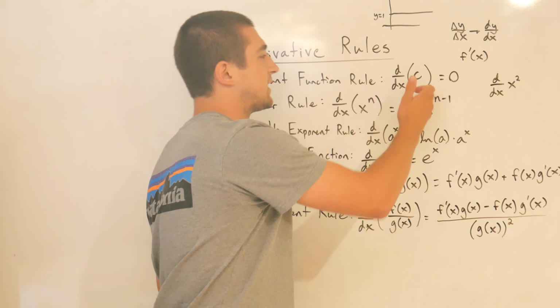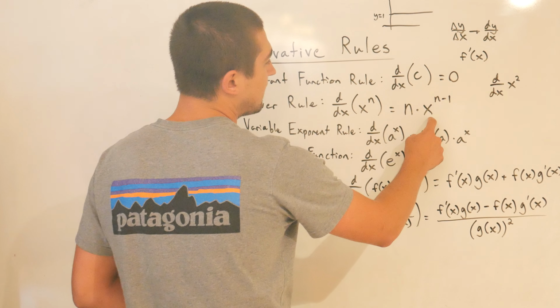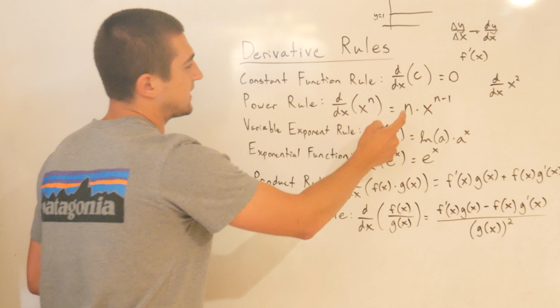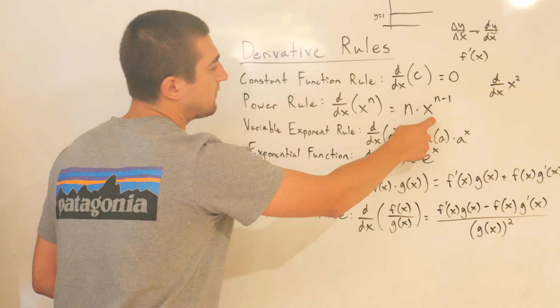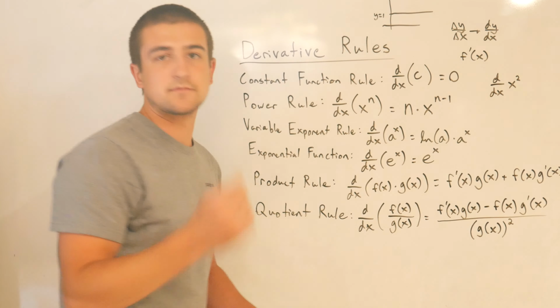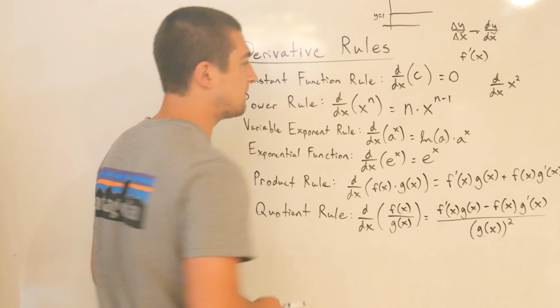And now, the next rule, the power rule, the derivative of any x to a constant power is n times x raised to the n minus 1. So whatever n was originally, we're going to multiply the whole function by that, and then the n in the exponent, we're going to subtract 1 from it. And like we did in using the definition of the derivative video, we found the derivative of x squared, we saw it was 2x, right?